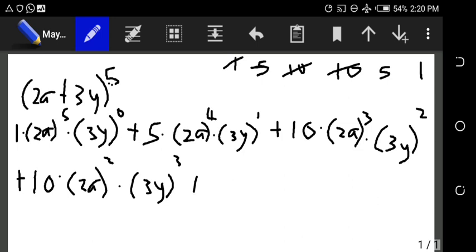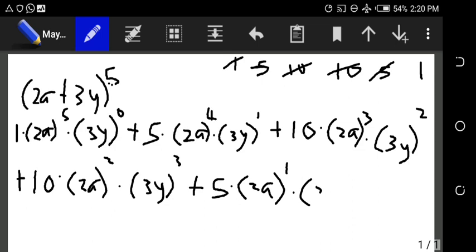Alright, we'll have plus the next coefficient, that's 5, so we'll have 5 multiplying our first term in the bracket, which is still (2a) raised to power 1 now.